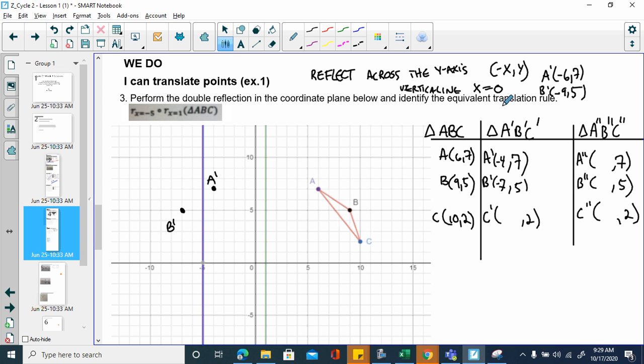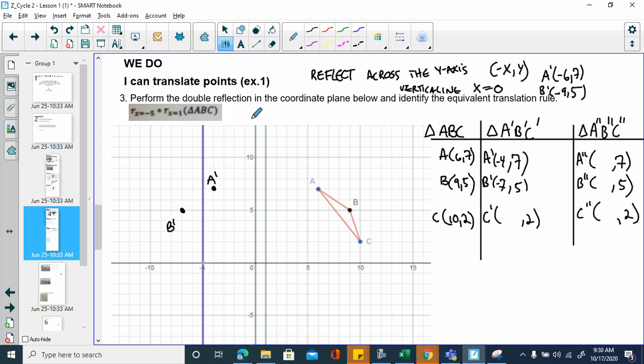Now notice a pattern. See that our x's, that we're reflecting across the line x equals 1, are actually a difference of 2 from what we'd have gotten if we had done our reflection across the y-axis. So this one is 2 less, this one is 2 less. So we're seeing a pattern.